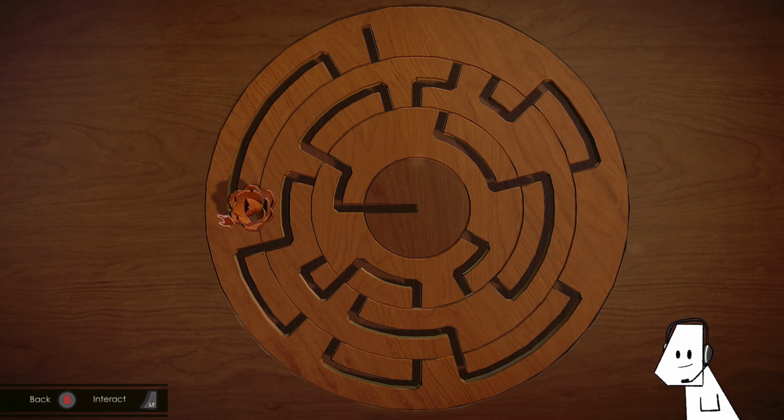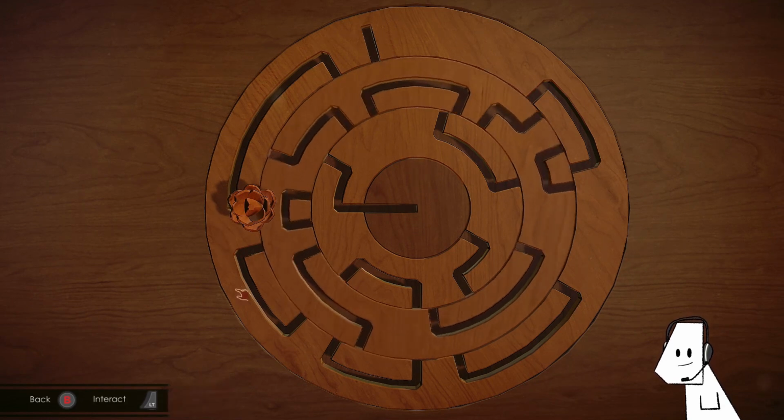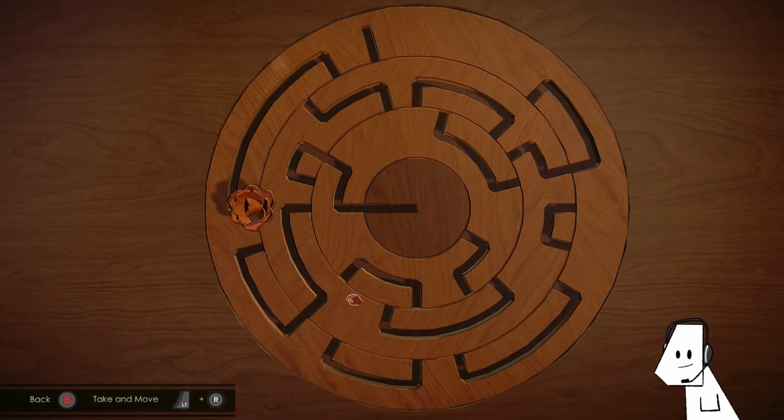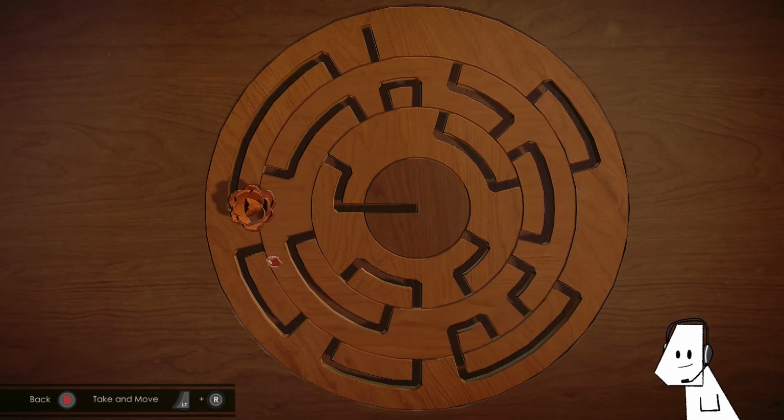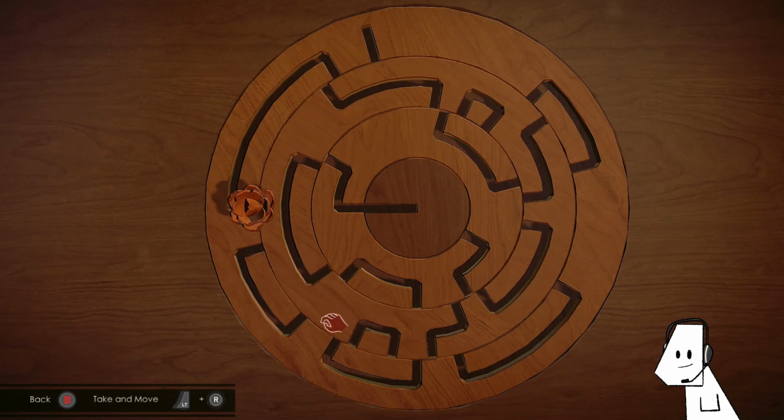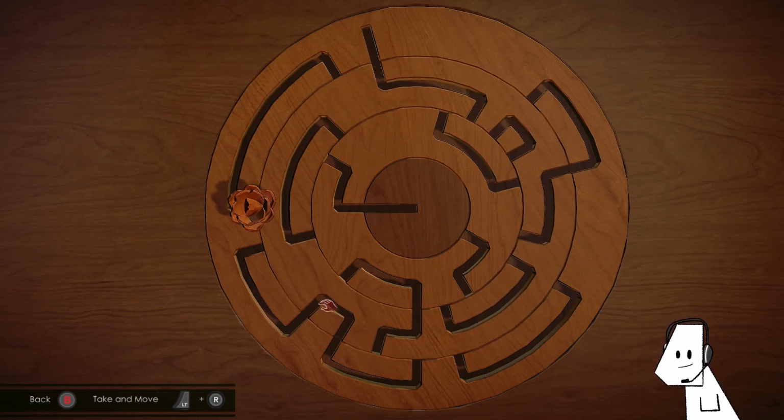How do I get it there? Is there one that links up at the bottom here? If I can get it around to the bottom. Yeah, these link up, so I need to get it around here. So I'm going the wrong way with the flower. This is confusing.